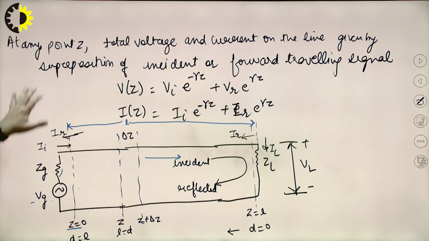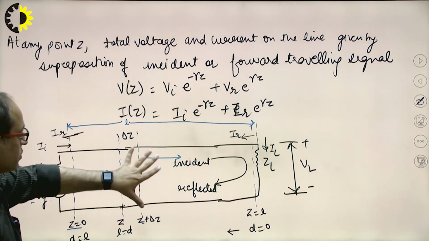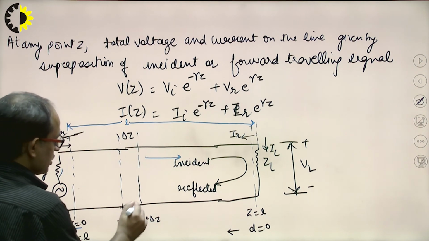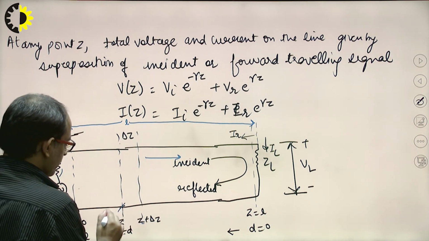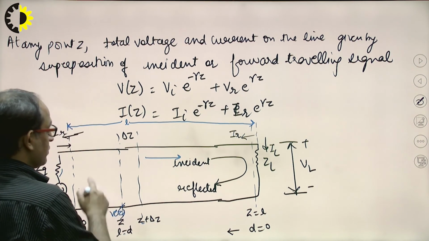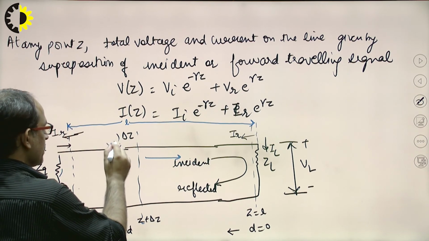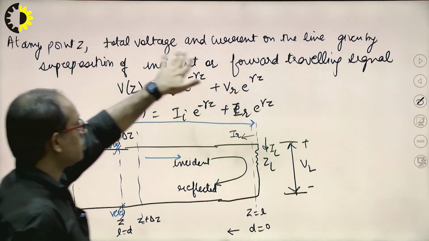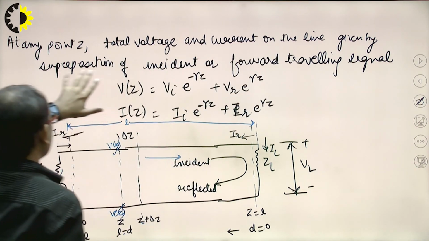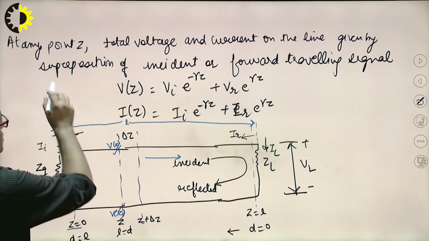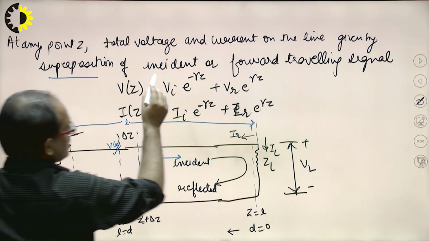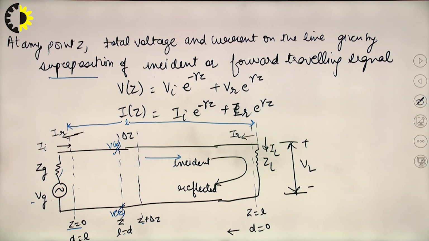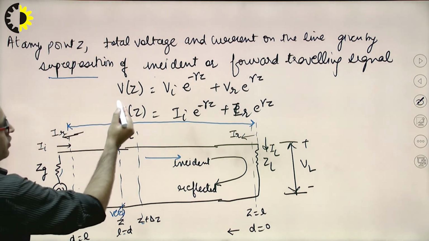So at any point Z on the line, the total voltage and current will be the superposition of the incident and the reflected voltage. Clear?